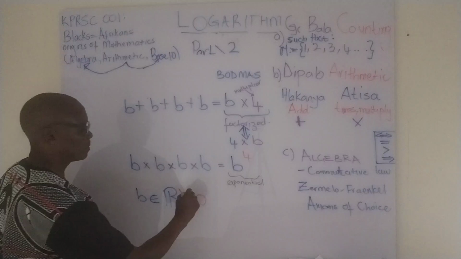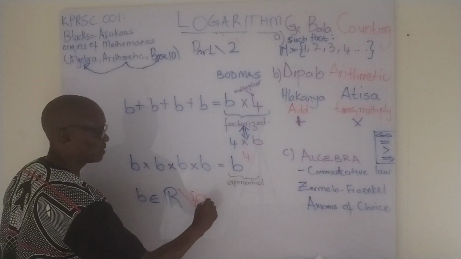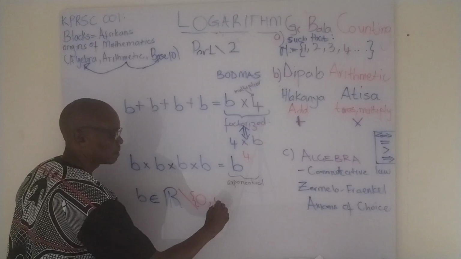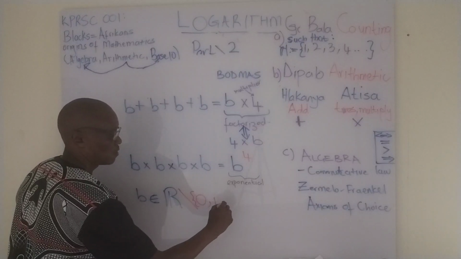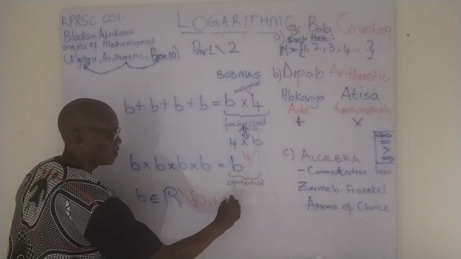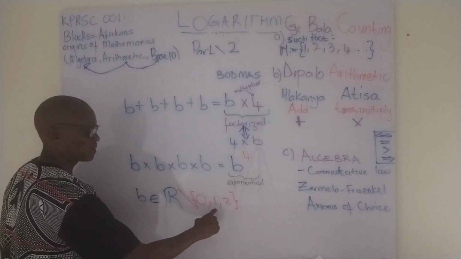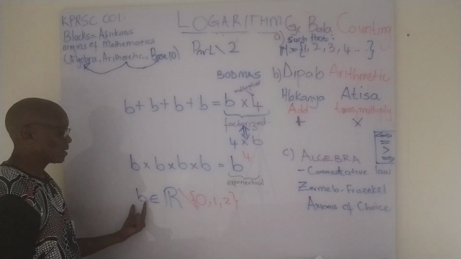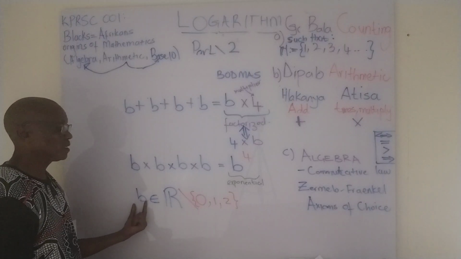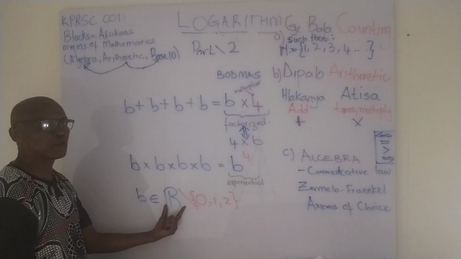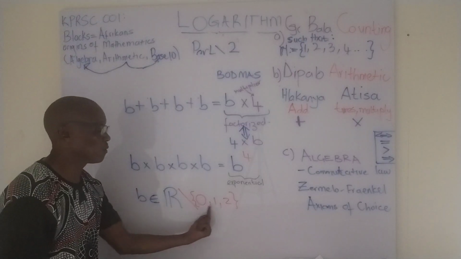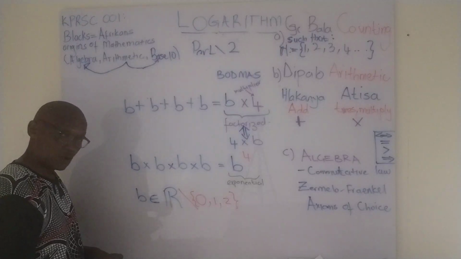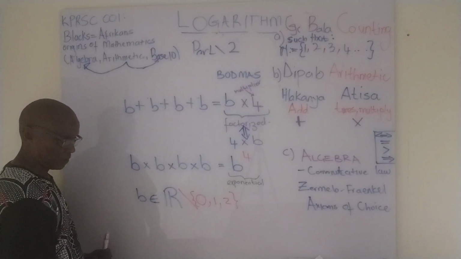And I can specify more than one of them and say 0, 1, or 2, meaning I'm excluding these numbers for what B is. So B is any number except 0, 1, or 2. So this is more notation.